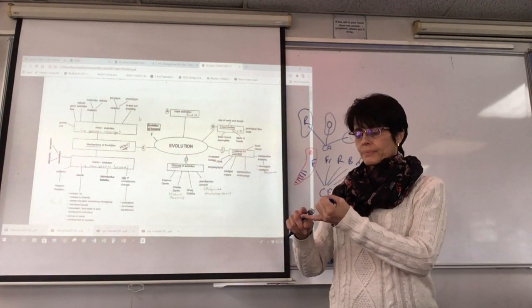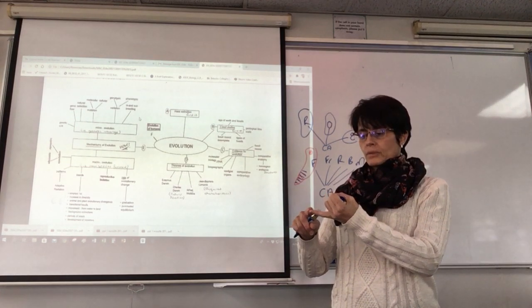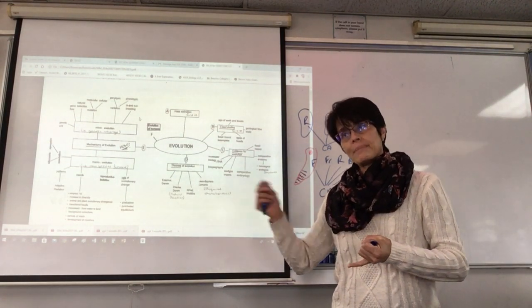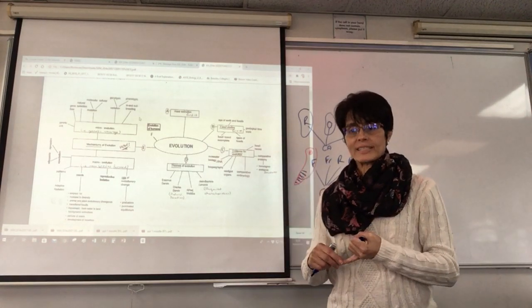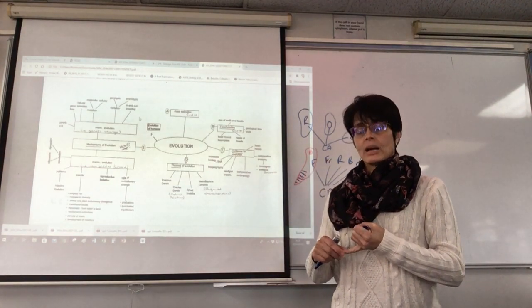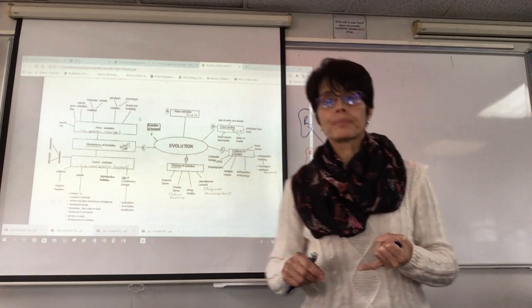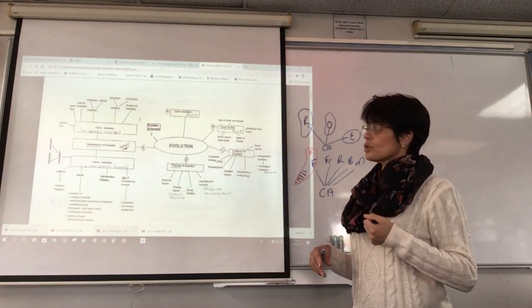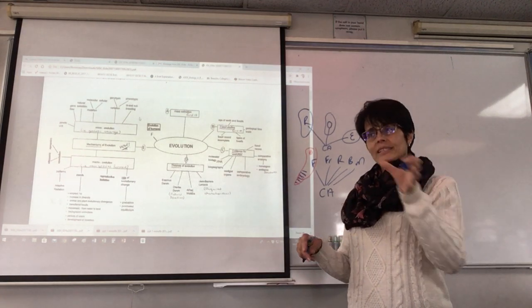So pigs, we used to use pig insulin for people who are diabetic. Nowadays, as you've learned in genetic engineering, bacteria are engineered to produce human insulin for humans to use. So pig insulin is similar enough.